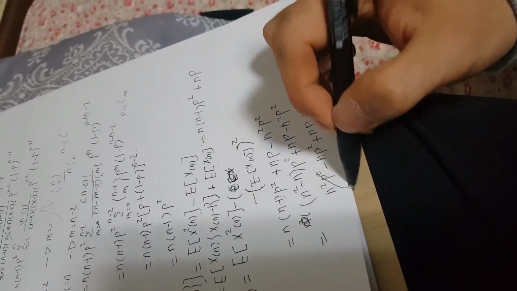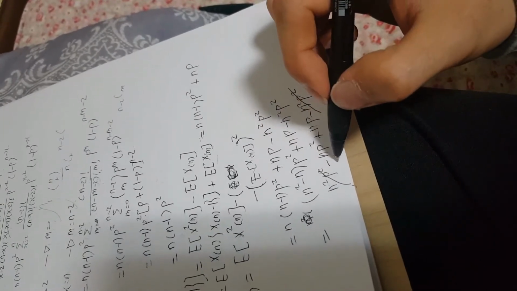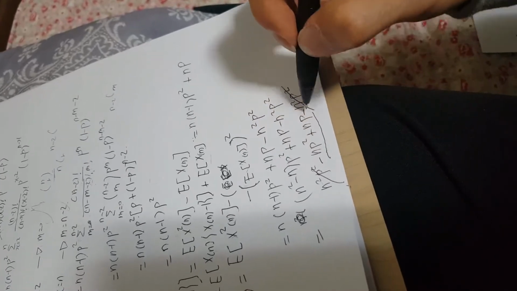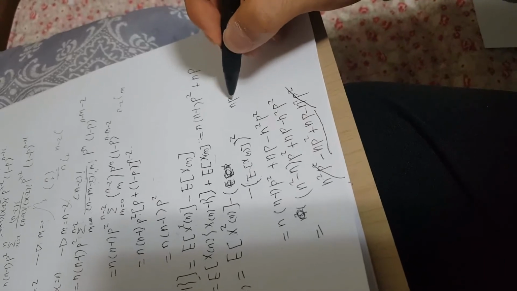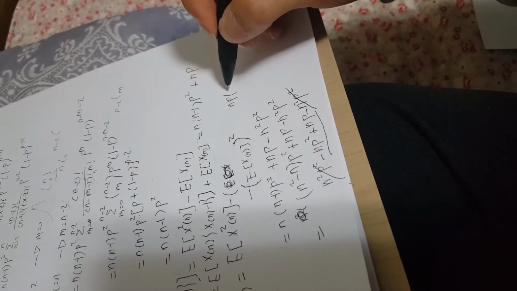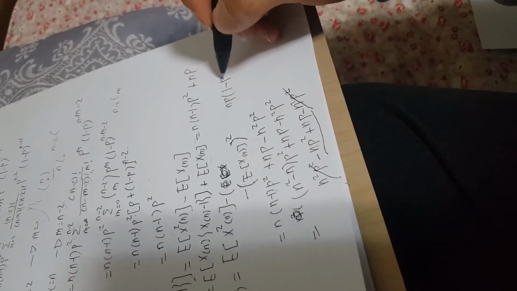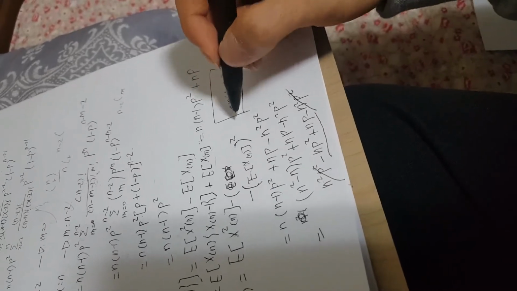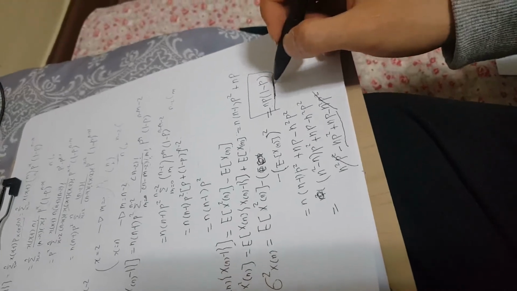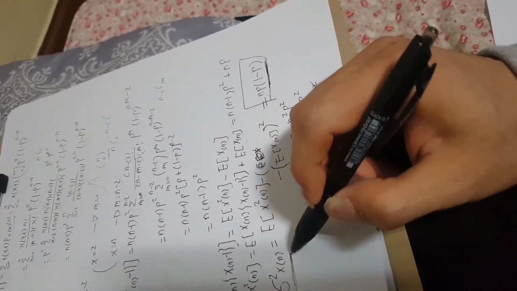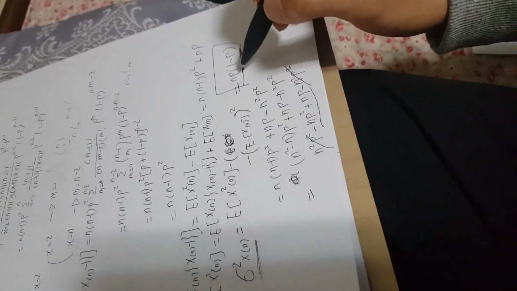This is np(1-p). This equation is the variance.